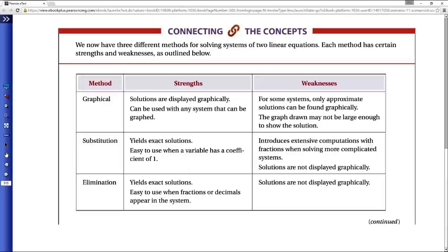Elimination also gives you exact solutions. Well, excuse me, I kind of skipped weaknesses. Substitution introduces extensive computations with fractions when solving more complicated systems, and solutions are not displayed graphically. You're not really necessarily getting a picture of what's going on, which can be a problem especially when you're dealing with word problems.